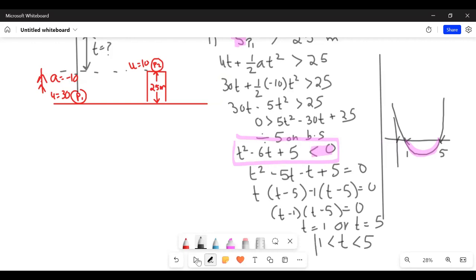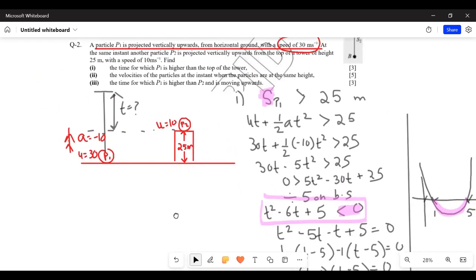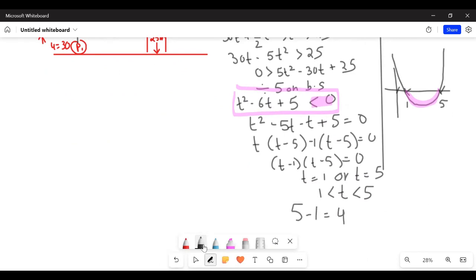This is the answer. But is it asking for a range of values or exactly the time? Find the time for which P1 is higher than the top of the tower. So it's higher between 1 second to 5 seconds. So 5 minus 1 is equals to 4 seconds.